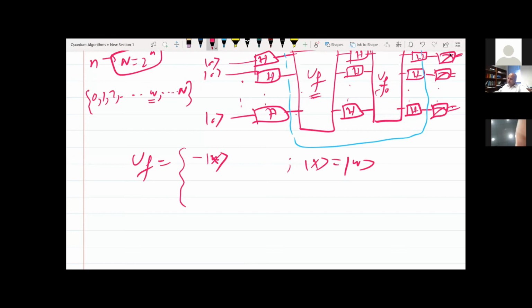So when the input is that W, it multiplies the input with a minus sign. Otherwise, it gives you the input at the output as it is. So which means that this UF can be written in a special way.